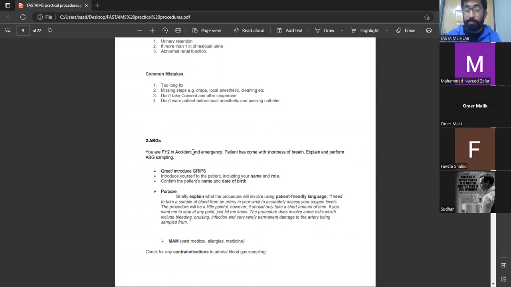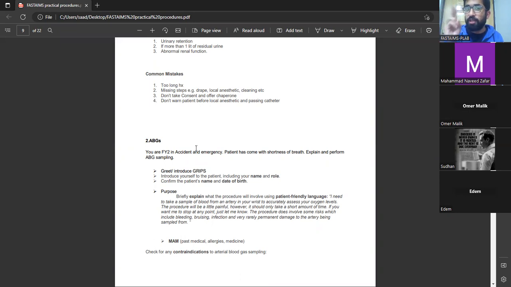Missing steps, people miss steps like draping, local anesthetic, cleaning, again because of stress. So just make a map in your mind. The first thing is cleaning, gallipot. Second thing is draping. Third thing is kidney tray, three things: catheter, local anesthetic, and sterile water. Fourth, bag.